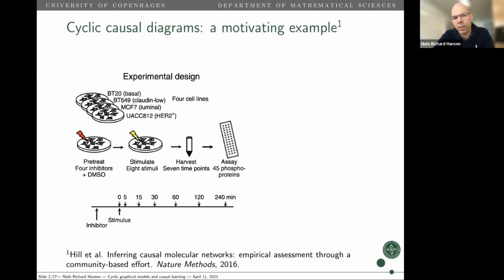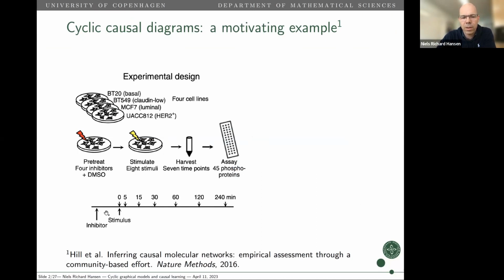Let me start by using a motivating example from research that I wasn't involved in myself some years ago, but I was very intrigued by some of the questions, and I think it's a great study. This is a designed experiment with molecular networks where we have measurements of a lot of different protein concentrations or protein abundances under various experimental conditions.